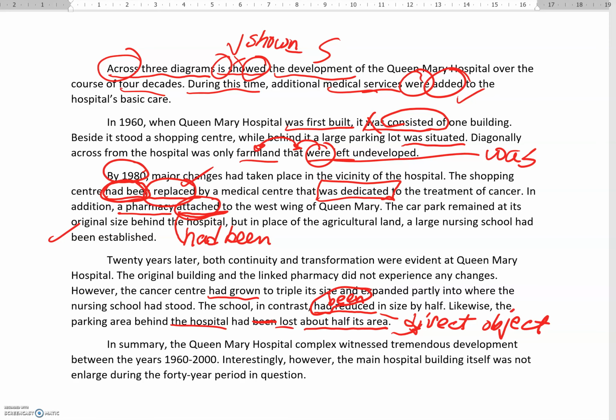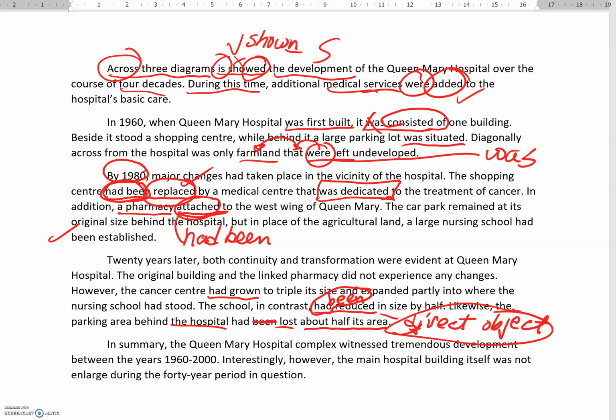That makes sense from a meaning point of view. So the previous one needed passive voice. This one doesn't need passive voice. It's active. Had lost about half its area. So think about the direct object as well. Often when you have a direct object, you don't use the passive because the direct object actually becomes the subject in the passive voice, if you recall.